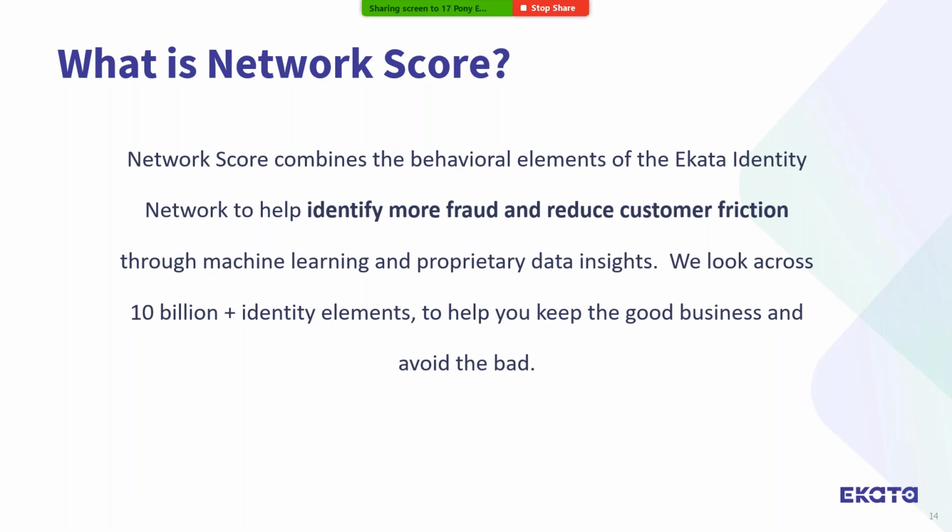So examples of how this would be used: because it's numeric, it can be used simply as a feature in a decision tree-based model. And it could also be used in a rules-based system where you potentially compound some other signals with a network score greater than or equal to X value, depending on your individual data.